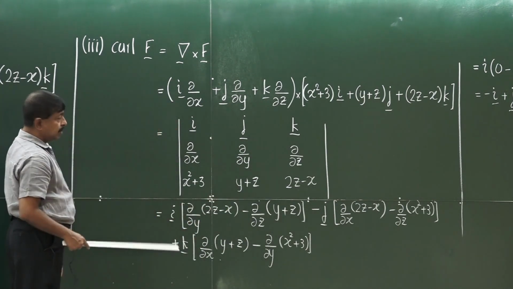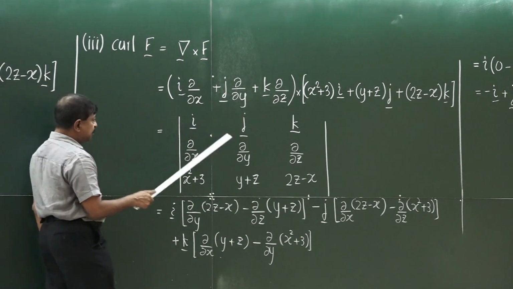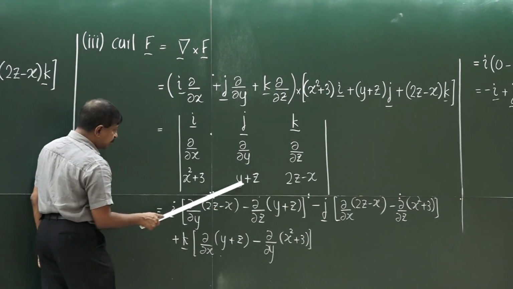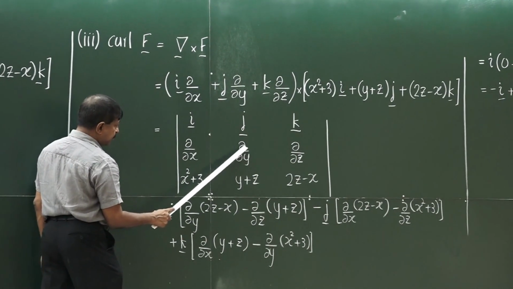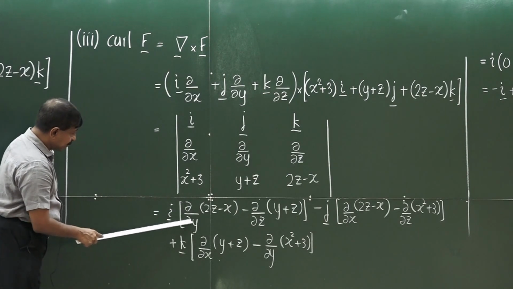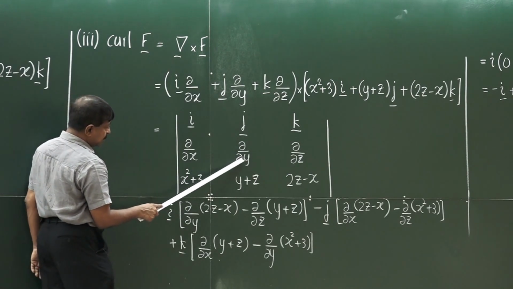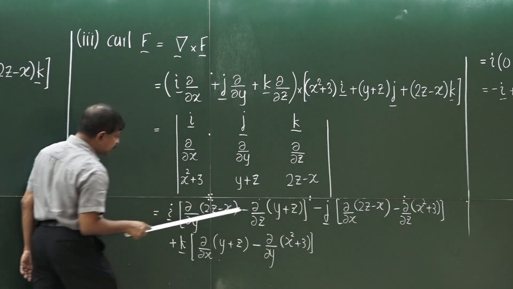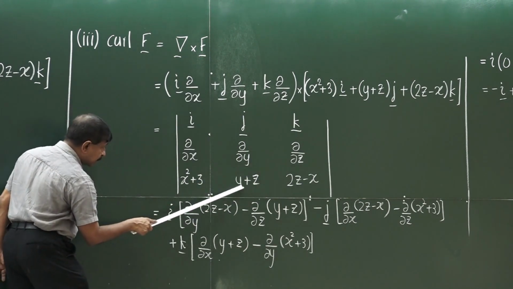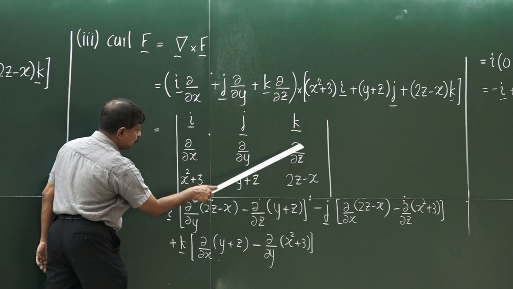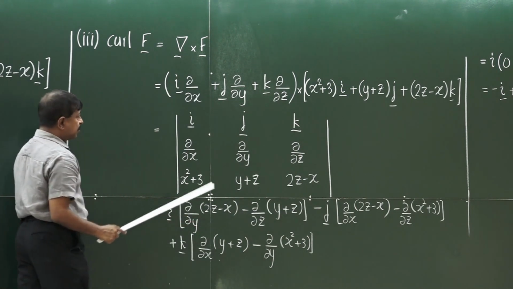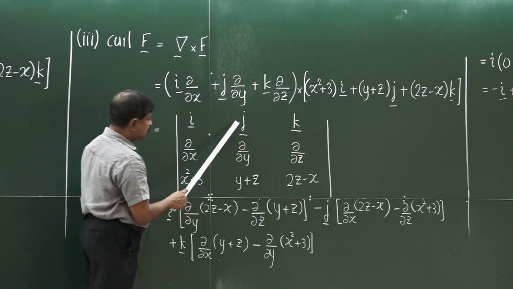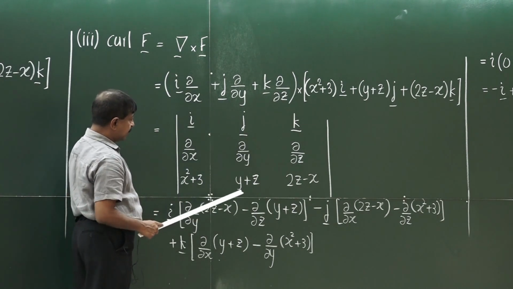Now, evaluate this determinant. So, i times this cofactor. So, i times, the partial term should be written first. So, partial over partial y of 2z minus x, minus this product. However, the operator should come first. So, partial over partial z of this one, you have this. Similarly, minus j times, you have to take minus of this second vector.